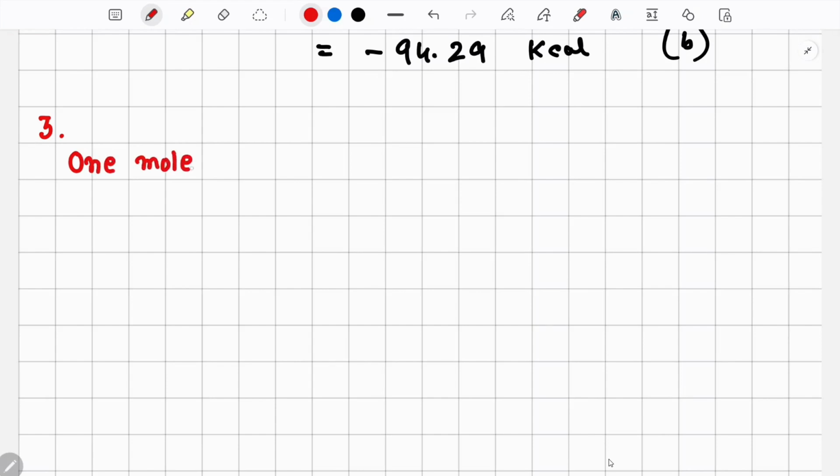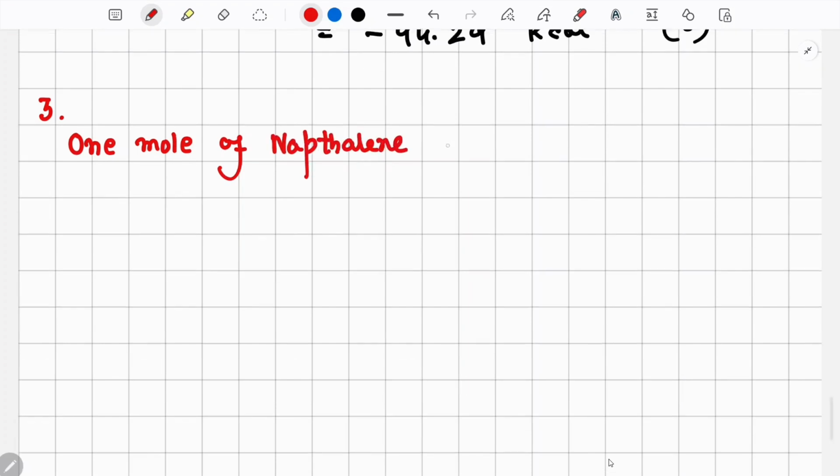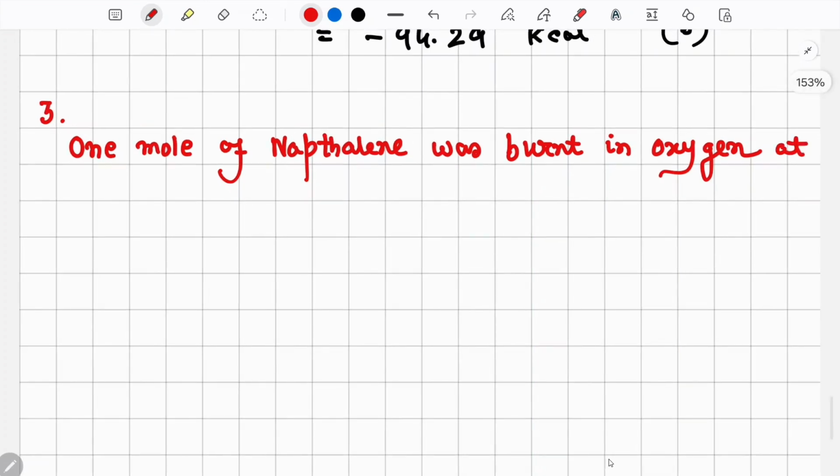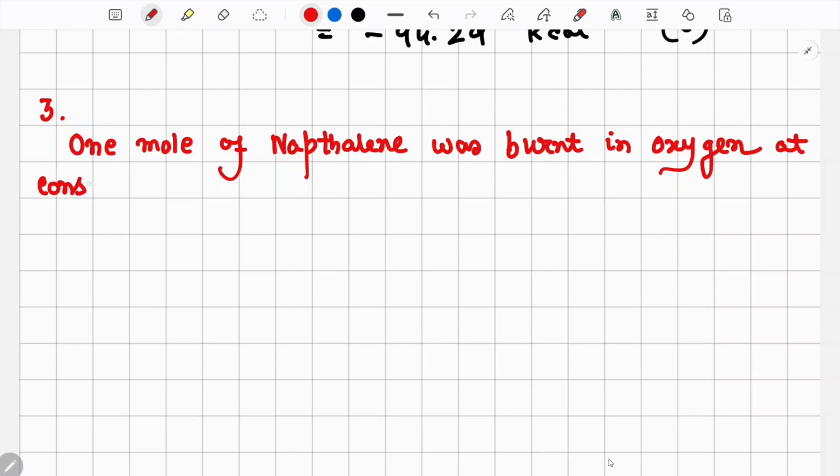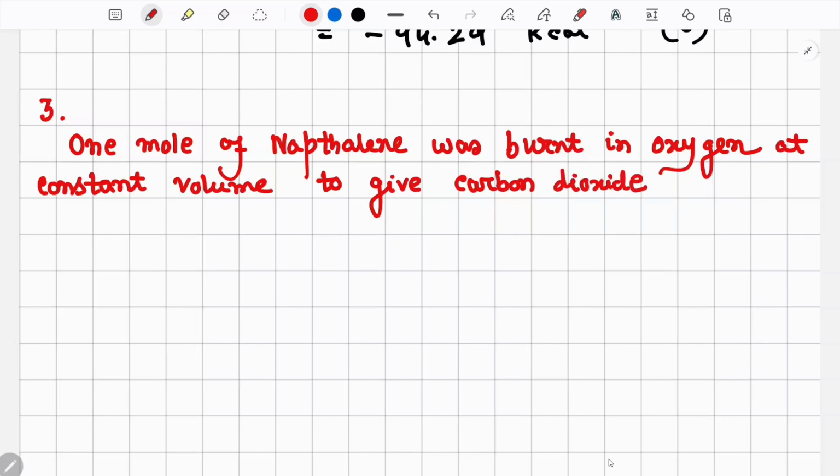1 mole of naphthalene was burnt in oxygen at constant volume to give carbon dioxide and liquid water. Obviously at 25 degrees centigrade.